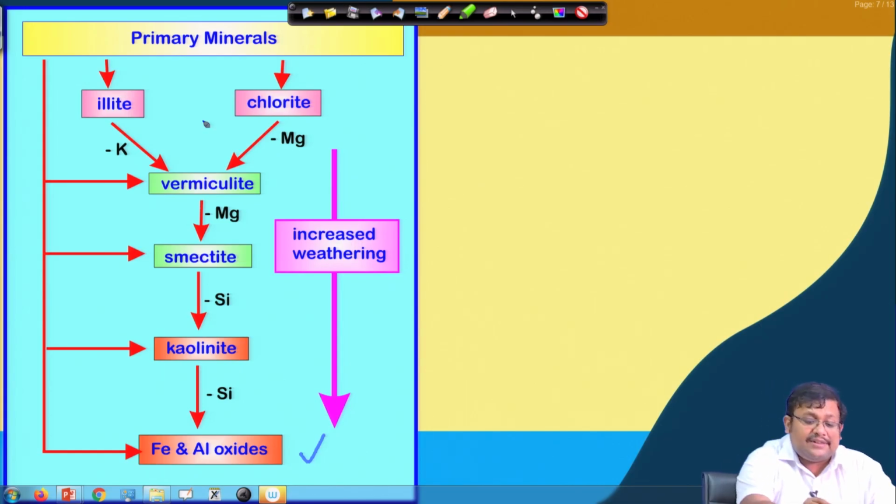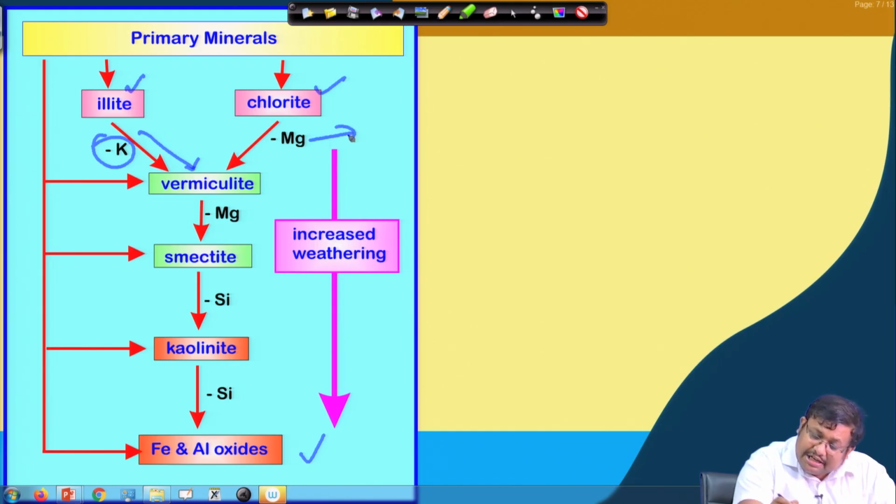The primary minerals first develop into illite and then chlorite, and then by removing the potassium from the interlayer space of the illite, it develops into vermiculite. And also in the case of chlorite, when the magnesium hydroxy interlayer sheet is removed due to chemical weathering, it collapses into vermiculite.